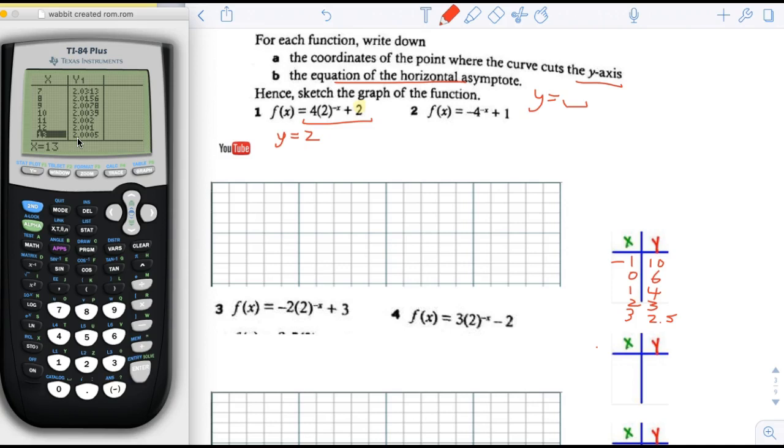And as far as the coordinates where the curve cuts the y-axis, you can look at the graph. The y-axis is here. So the coordinates of the point where it cuts the y-axis would have x value 0, right? So x is 0, and what is y when x is 0? Well, let's look at the table again.